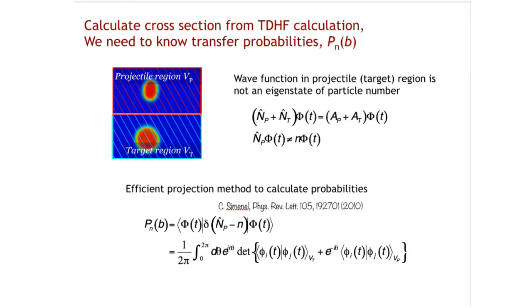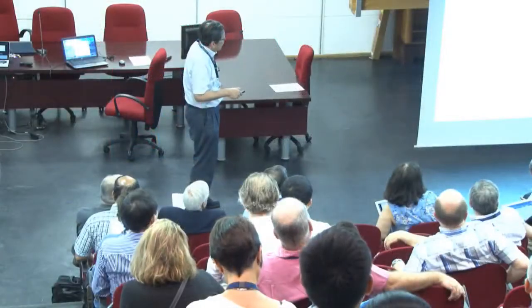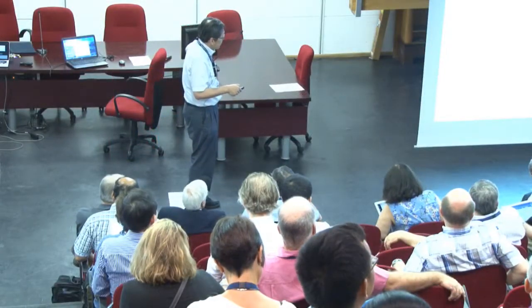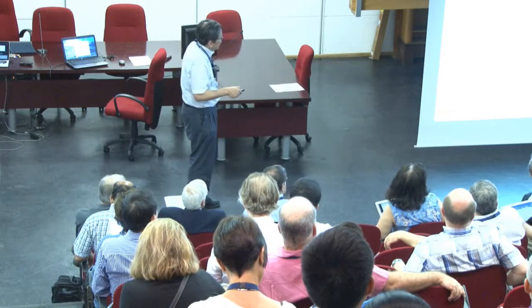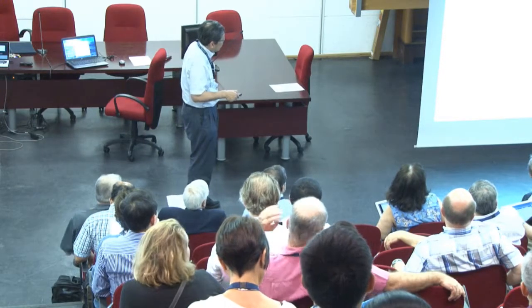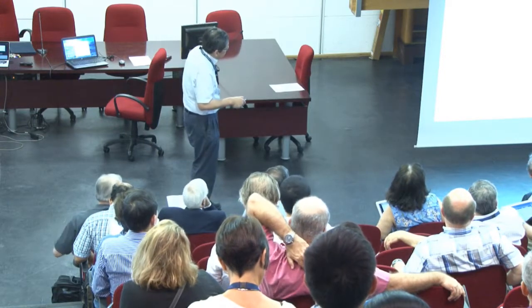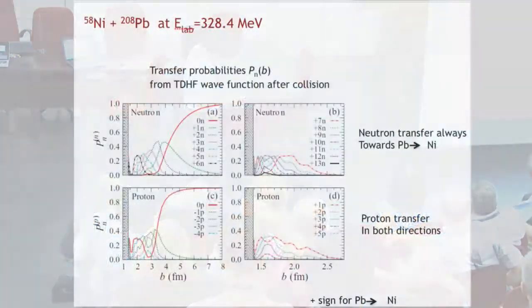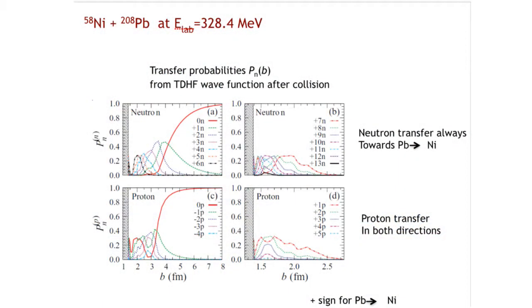Then from the TDHF wave function after collision, we can get the transfer probabilities as a function of impact parameter. Here, it's the neutron transfer probability as a function of impact parameter. So it's from 0 to 6, to 7, to 13. It's a rather central collision. But okay, anyway, we only find a transfer from lead to nickel.